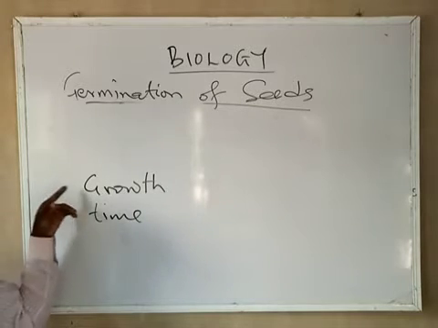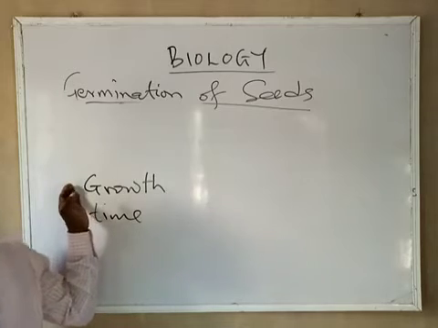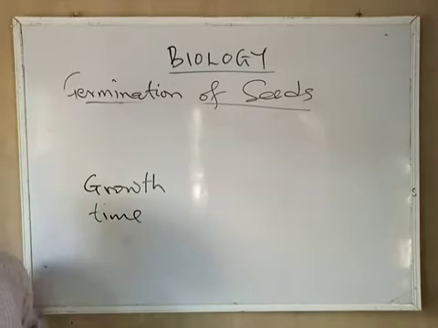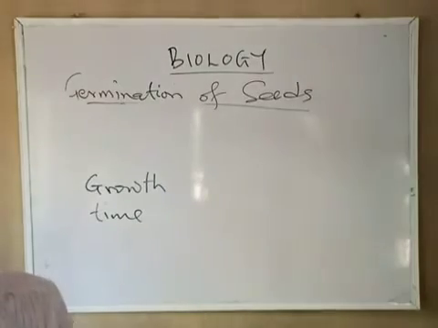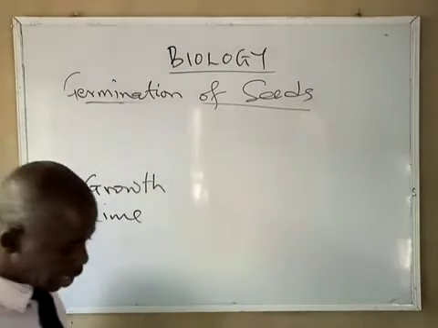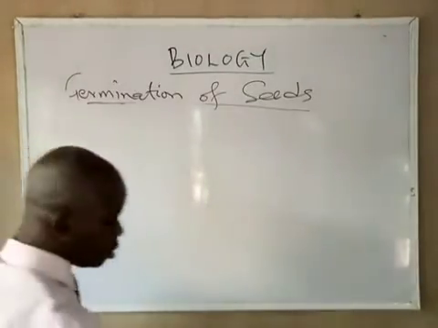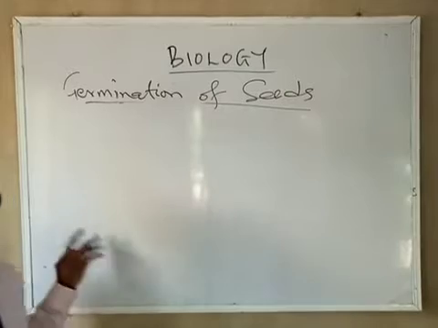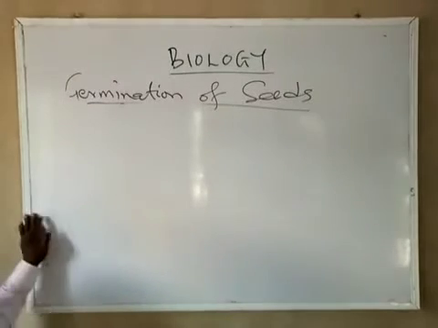That means that we can look at the extent of growth, okay, and the time taken to achieve that growth. So you may be asked to find out, maybe by experiments.